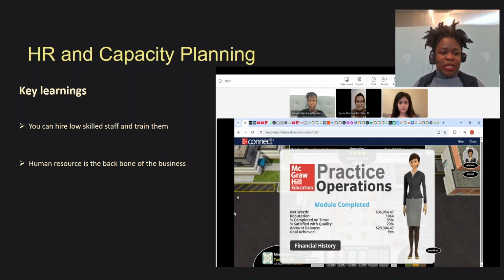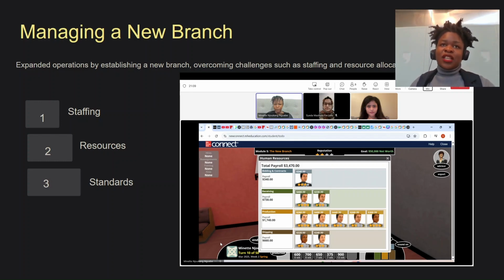So next we're going to move on to module 5, which was really interesting. I would say module 5 was a walk in the park after playing module 4, because module 4 was really challenging. For module 5, we were tasked with managing a new branch. What we did in this module, again, was basically implement what we learned from module 1 to module 4.